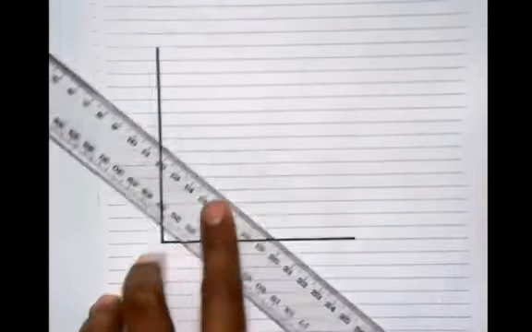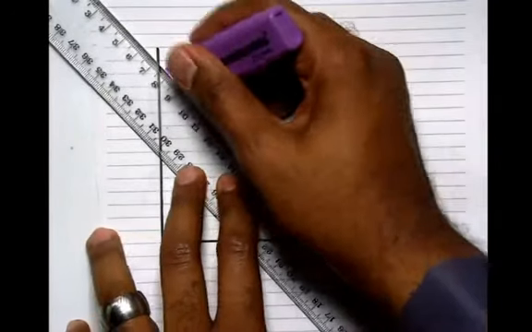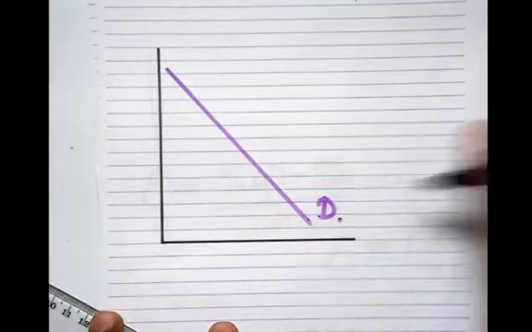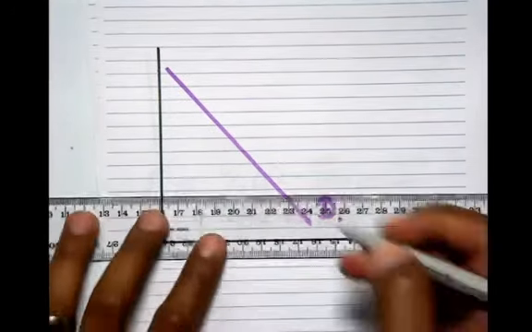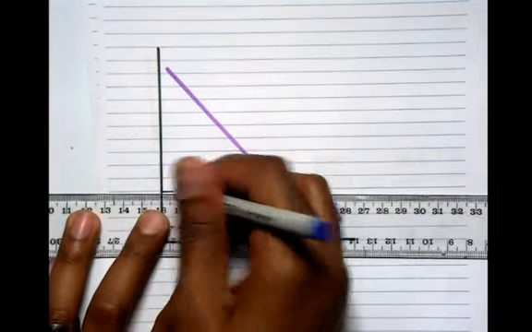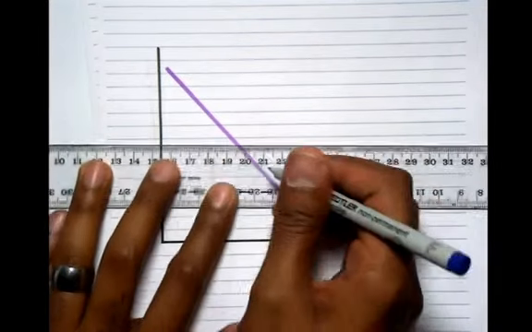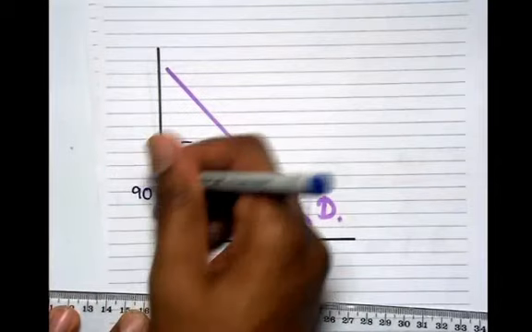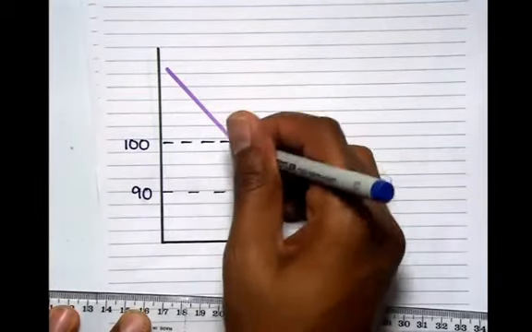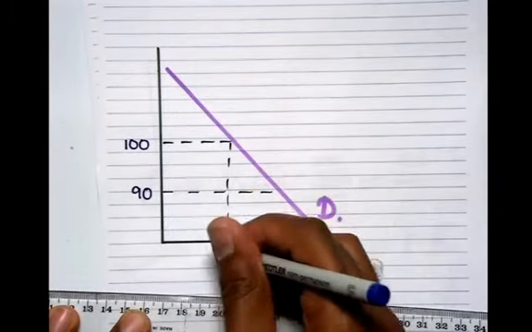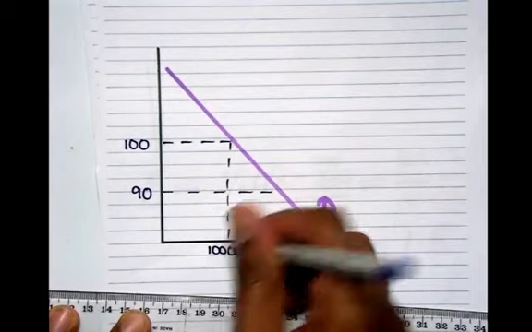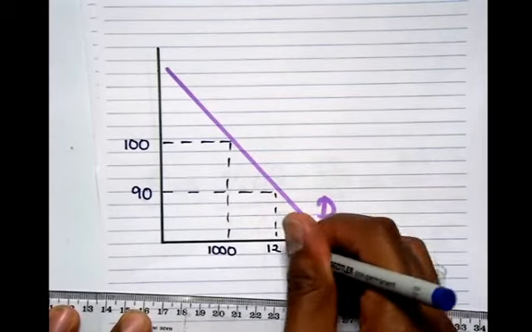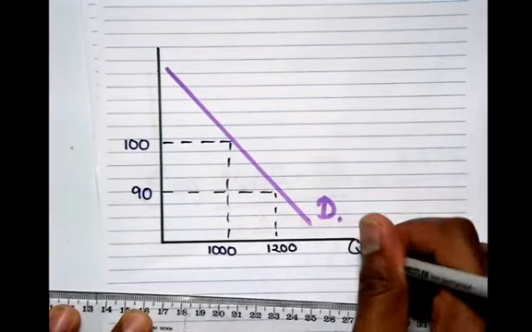So if we map that out on a graph, we had $90 and we had $100. And we had 1,000 textbooks and 1,200 textbooks.